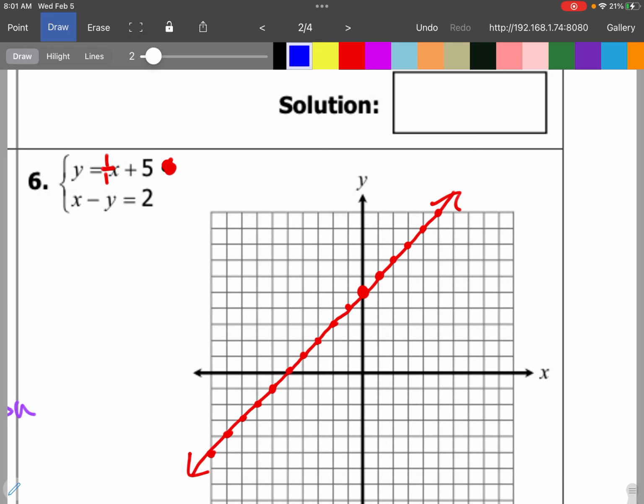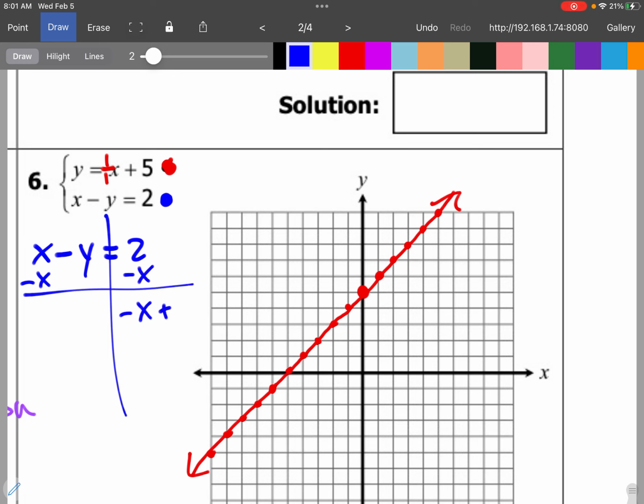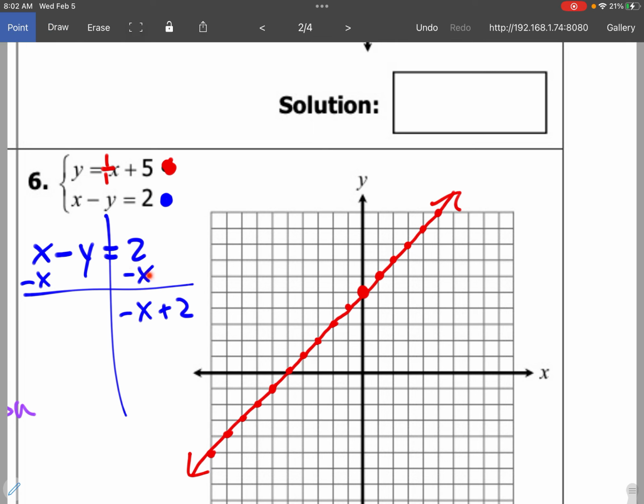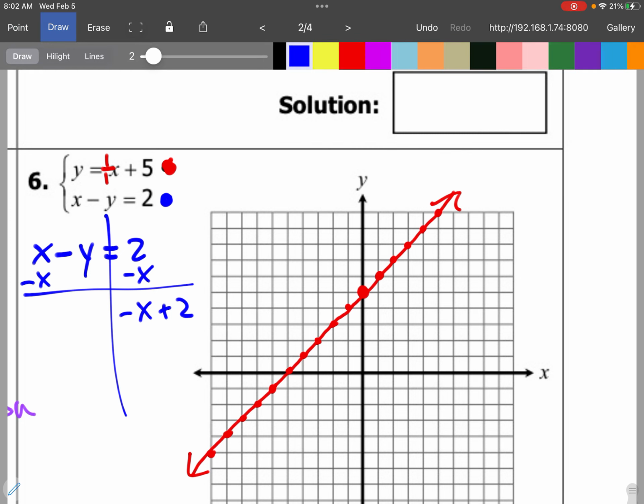Now for the next one right here, we can't graph it yet. We got to get y by itself. All right. So let's do that work. Remember, you can pause at any moment to get caught up. We're going to minus x on both sides. That becomes -x and a +2. All right. These two right here cannot be combined. So -x, +2, -x plus 2. We cross this little piece out and bring down the -y.